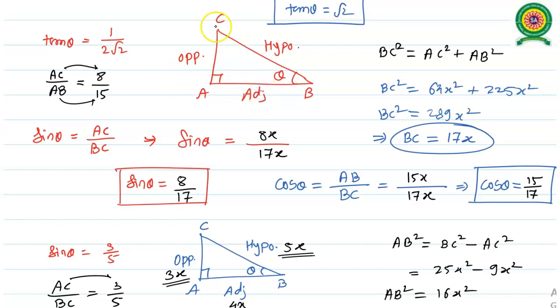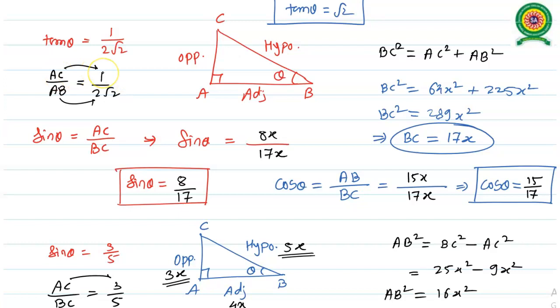With respect to theta, AC is the opposite side, AB is the adjacent side, and the hypotenuse is BC. So tan of theta is opposite upon adjacent, that means AC divided by AB, which equals 1 upon 2 root 2.